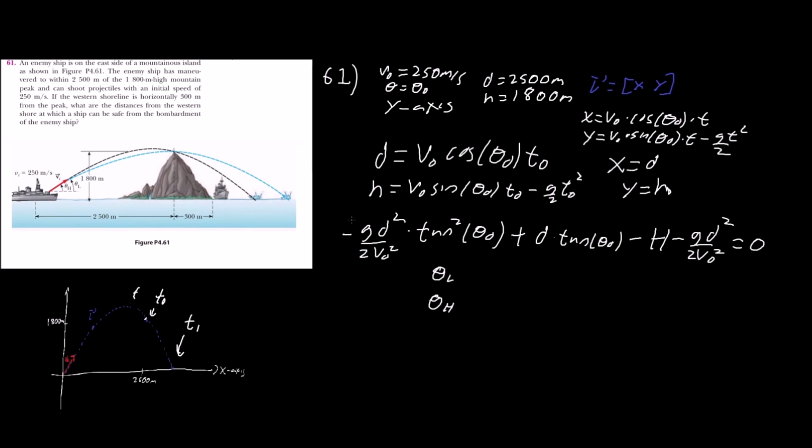And the two angles here, according to what I have on my calculator, folks: the shortest angle would be theta L, so that's going to be 50.1 degrees, and the other angle is going to be 75.6 degrees.